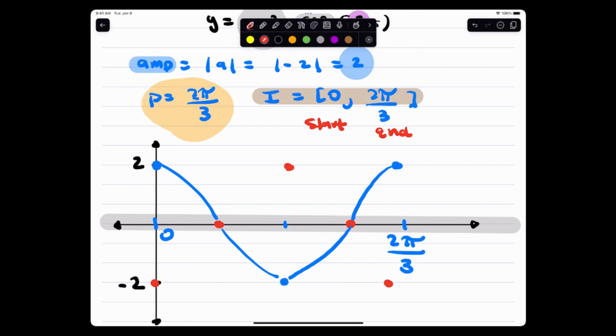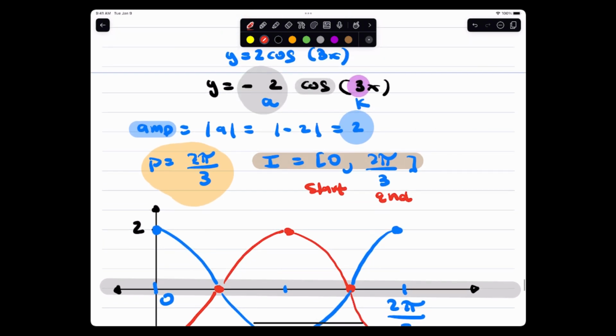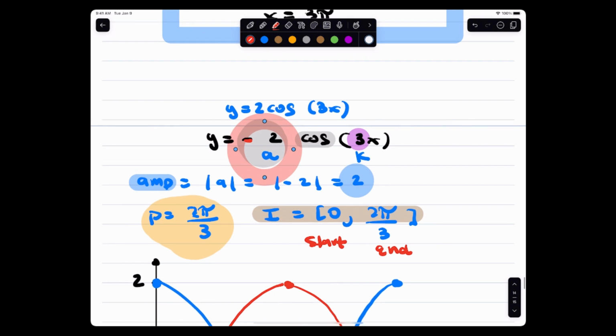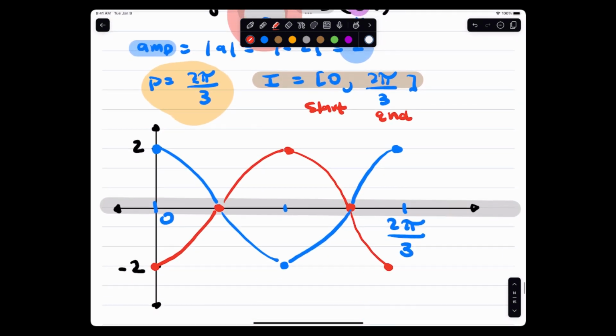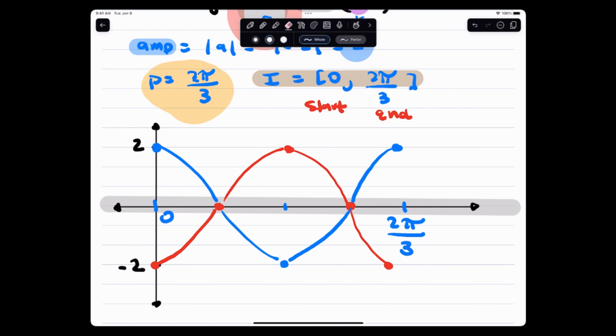And then your curve, this is the negative cosine because A right in here is negative. A is negative. So you might say, well, which one do I use, the blue or the red? It's the red.